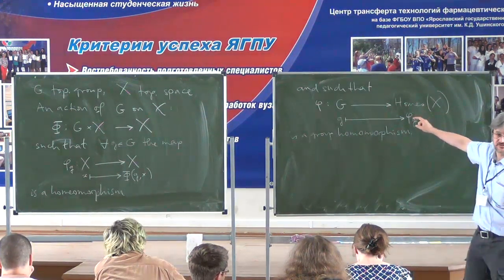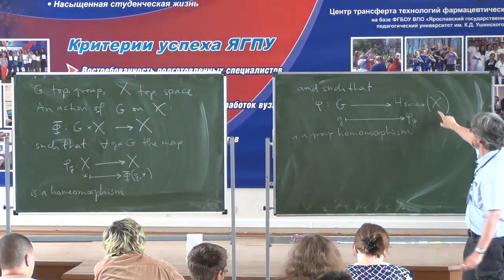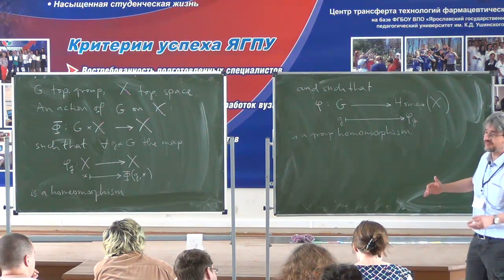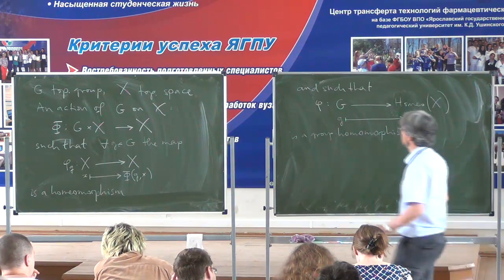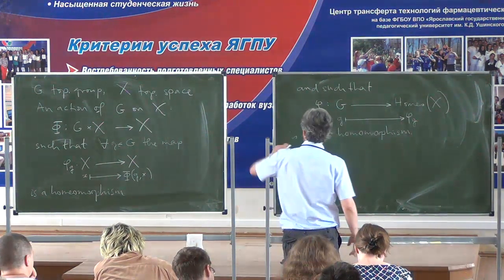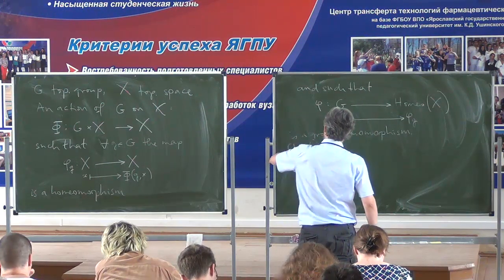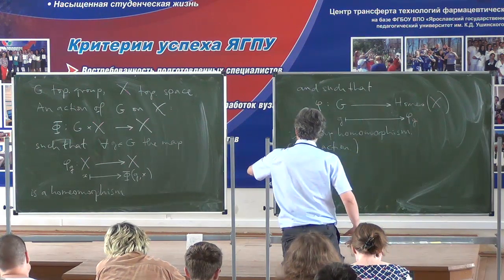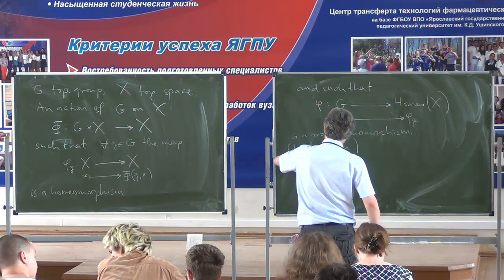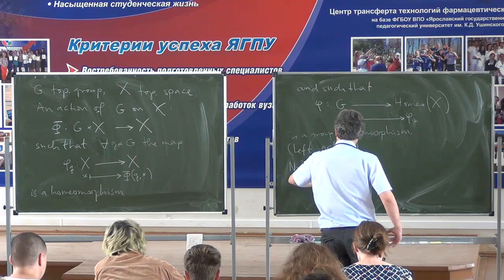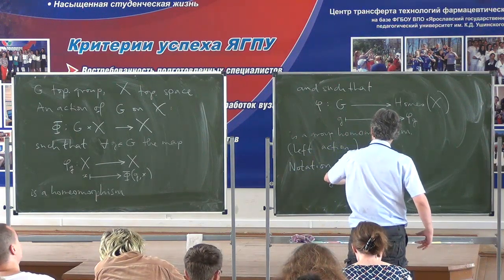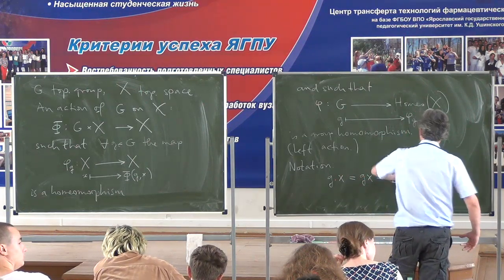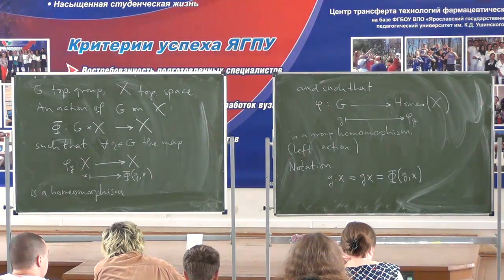What I'm actually defining here is an action on the left, because I take the standard group structure on the set of homeomorphisms given by composition. So this is a left action. And the standard notation is to write g dot x, or sometimes gx, for phi of g comma x.